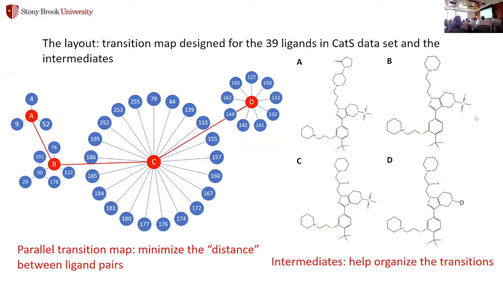What we are interested in is, given these serial transitions, does the error of the transition between these intermediates get carried into the ligands between different groups? This will be an issue if you have a more serial map.